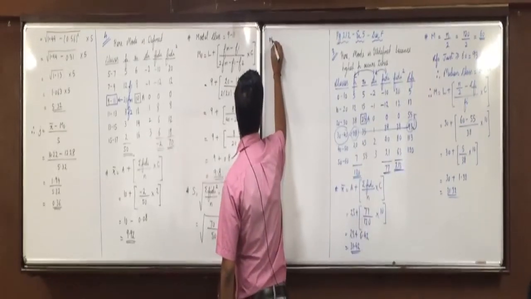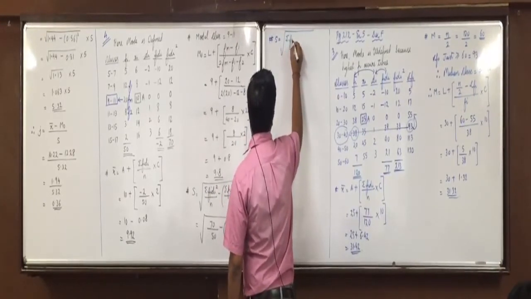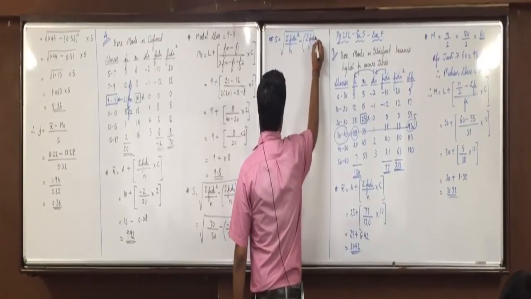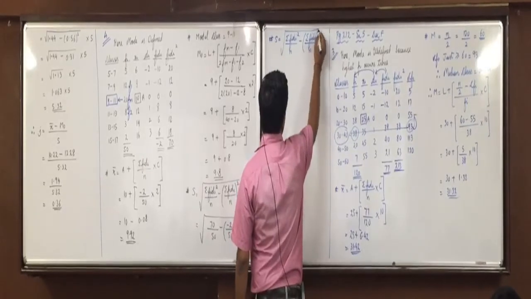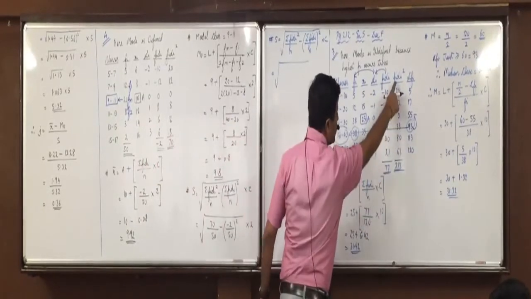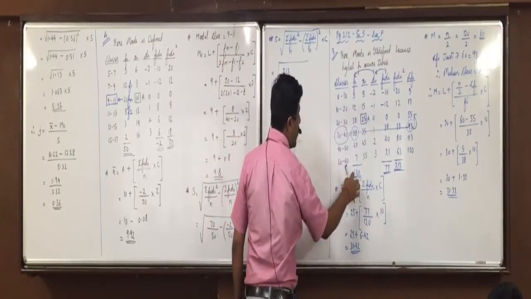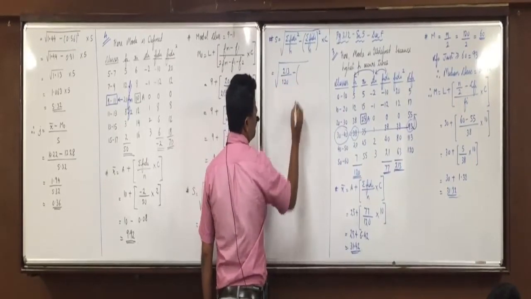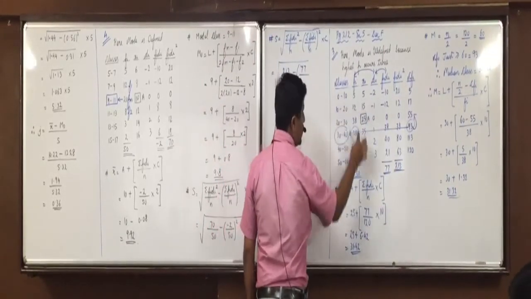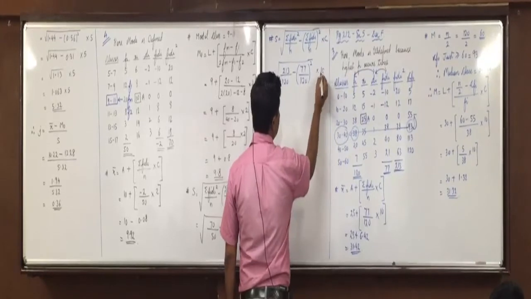Now standard deviation's formula is the same. Square root of sigma fi di square upon n minus sigma fi di upon n whole square into C. So square root of sigma fi di square is 213 upon n is 120 minus sigma fi di is 77 upon n is 120 whole square into class length is 10.